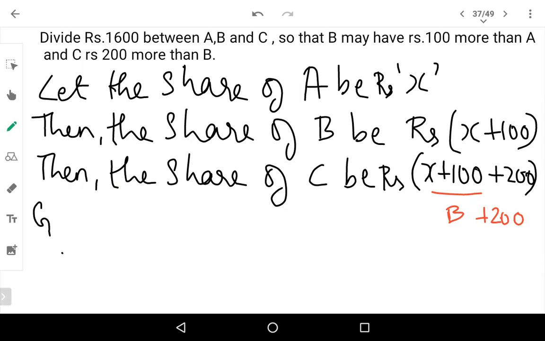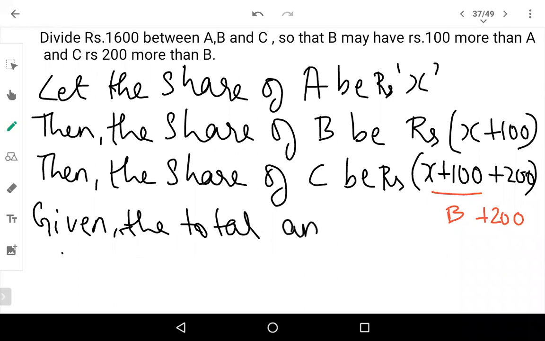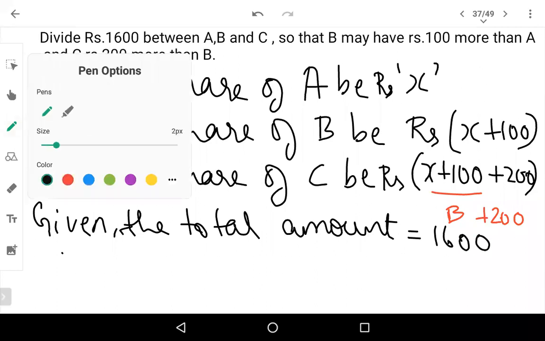Next, given the total amount is equal to 1600. Right? Now let us define the equation.